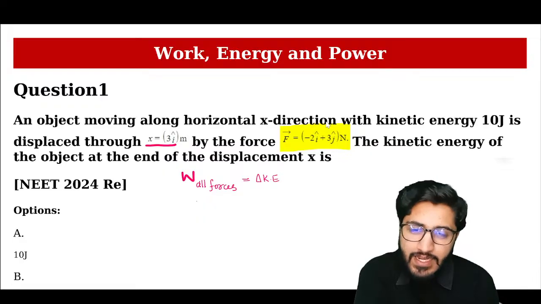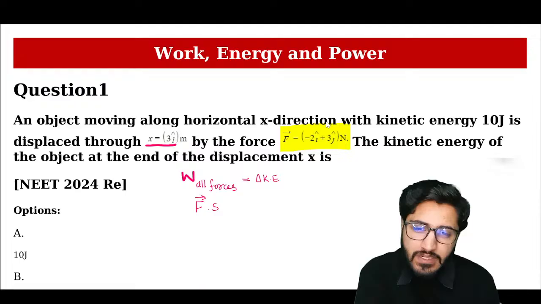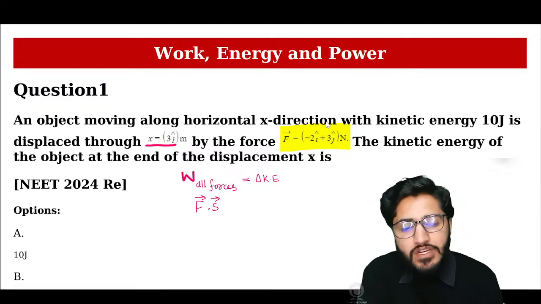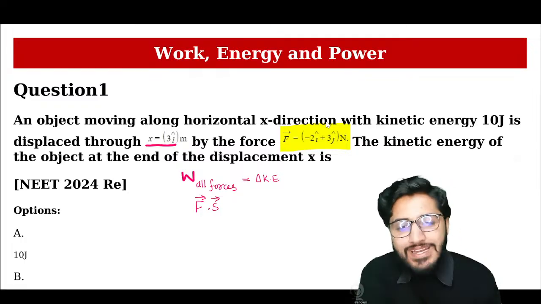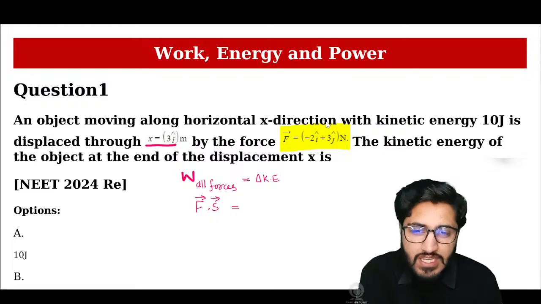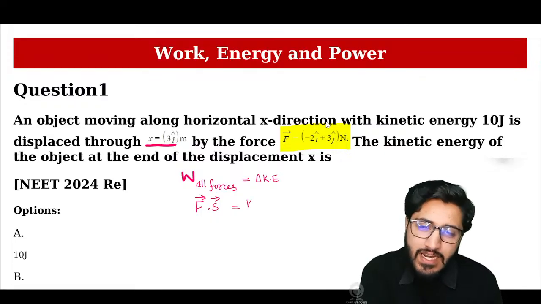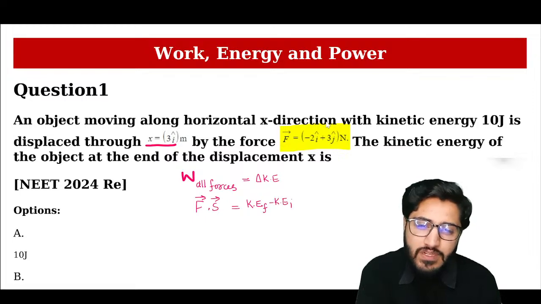I can write it as force dot displacement in vector form. Work done is a scalar quantity, that's why I put a dot product between force and displacement. Change in kinetic energy means kinetic energy final minus kinetic energy initial.